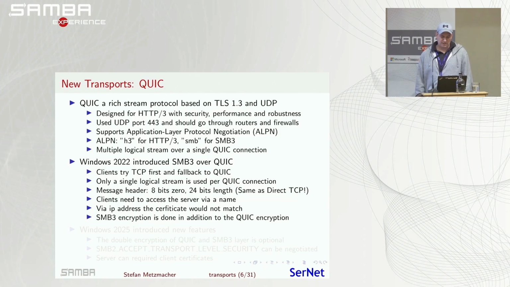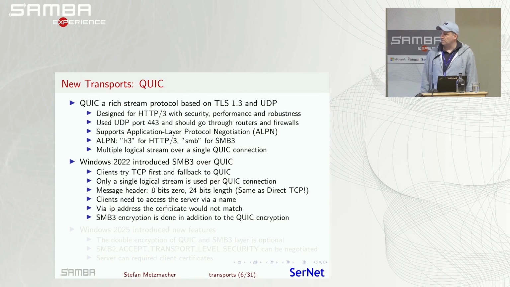But the important thing is that the client needs to know the server, and it would be good, or in some situations important, to verify the server certificate. But as there's SMB3 encryption on top of it, the admin can also decide, I just want to use that.